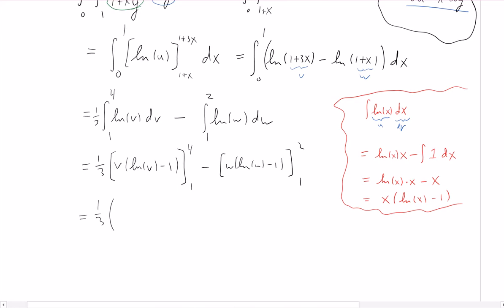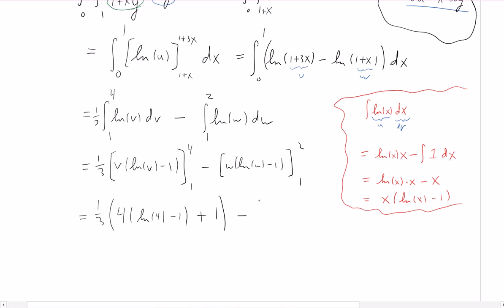Okay, first we plug in 4. So we get 4 times (log 4 minus 1) minus, and now we do the same thing for 1. But let's see what we get when we plug in 1. We get 1 times (log of 1 minus 1). Log of 1 is 0, so this whole thing is just minus 1. And if we subtract minus 1, that's the same thing as just adding 1.